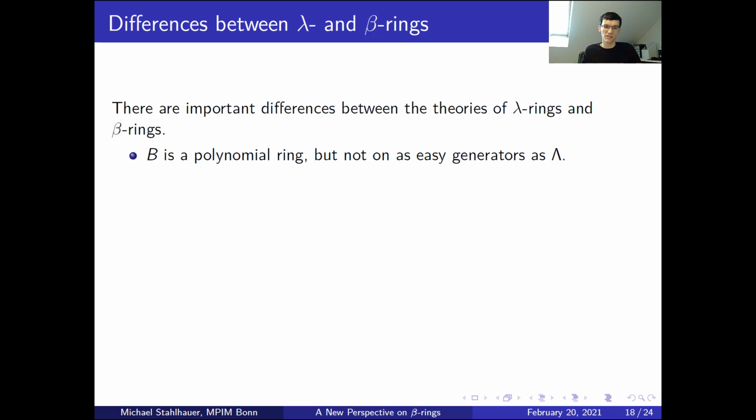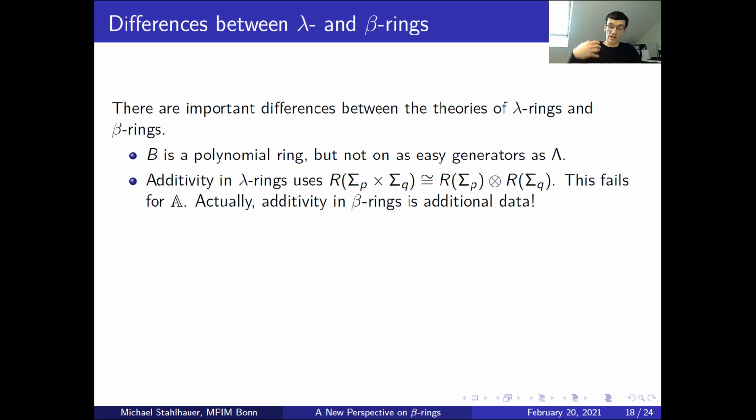In fact, beta is a polynomial ring, but for example, it's not a polynomial ring on these beta n's, those symmetric powers, whereas lambda is in fact also a polynomial ring on these beta n's, which are there as a trivial representation of Sigma n. So beta, even though it's also a polynomial ring, has a way larger set of generators, and it's not that useful to work with these generators.